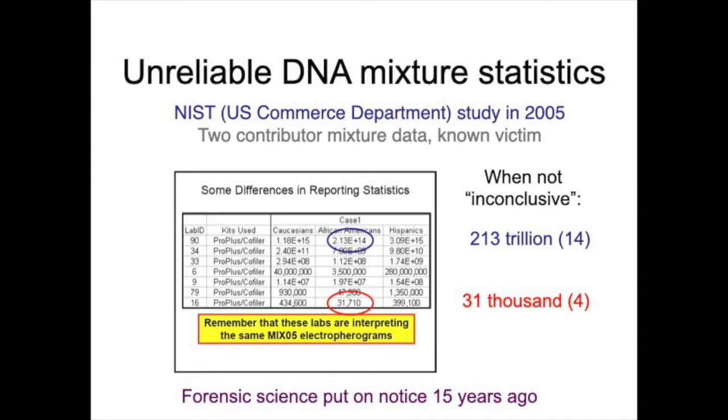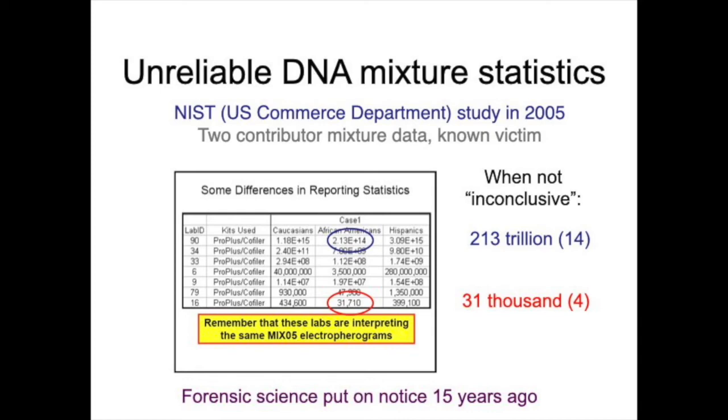But what they found was that on the same simple two-person mixture, most labs found the data was inconclusive, and when labs did report a statistic, it ranged from tens of thousands, which is 4 zeros after the 1, to hundreds of trillions, which is 14 zeros after the 1.